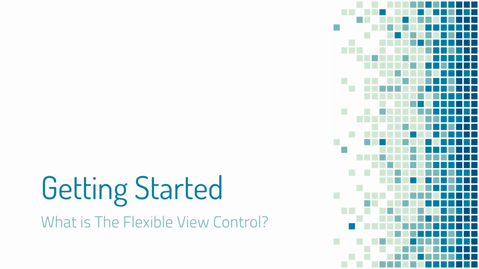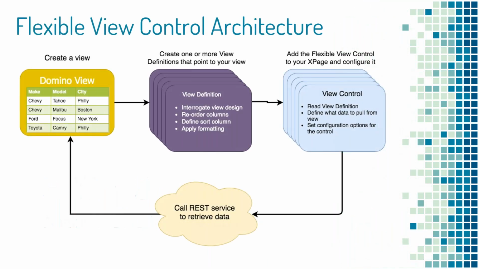So getting started, what is the flexible view control? This graphic provides an overview of how everything works here. You create a Domino view, and then we're going to learn more about this in a minute, view definitions. View definitions are notes documents that hold the configuration for the views you want to display in XPages with the flexible view control.